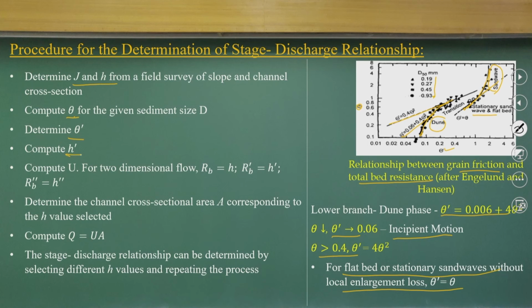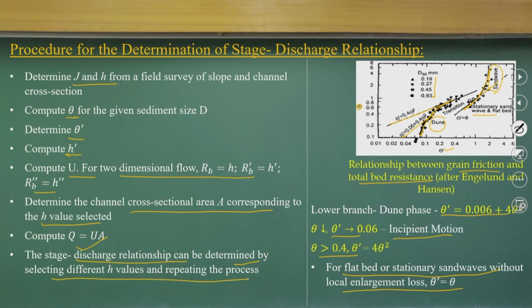Then you can get the H dash, and if you compute the U for the 2-dimensional flow, you can get the hydraulic radius with the different things, determine the channel cross section A corresponding to that, then compute the discharge. That is what will be the stage discharge with different H values, repeating the procedure.